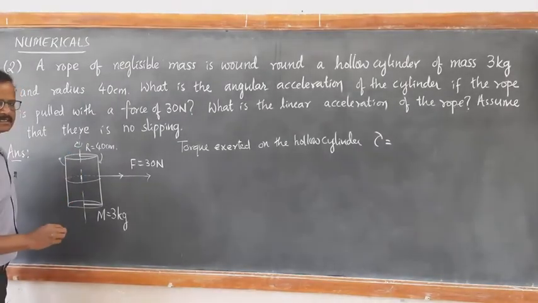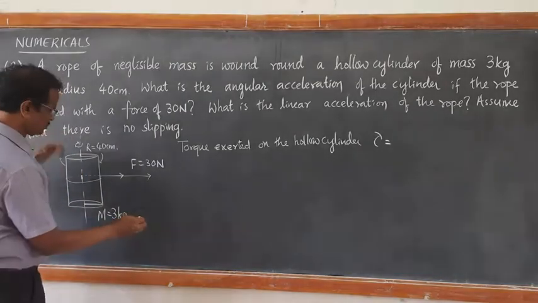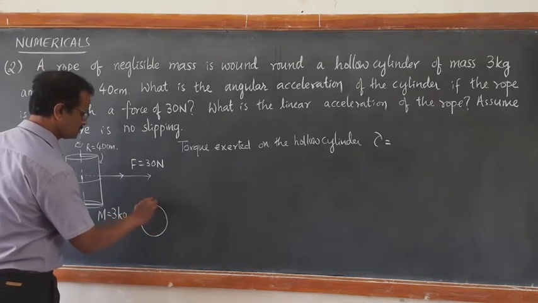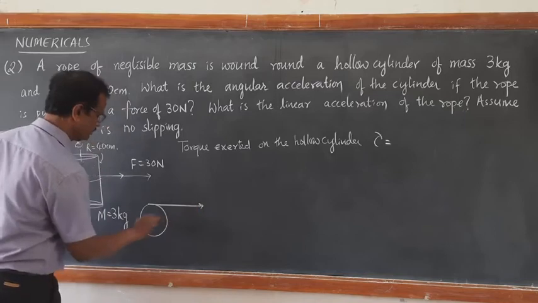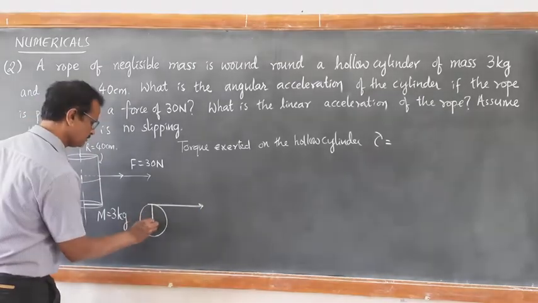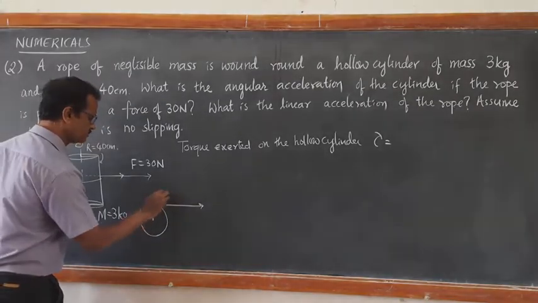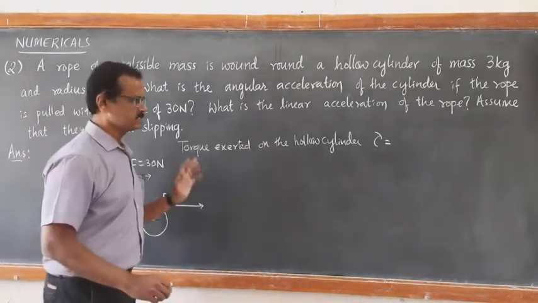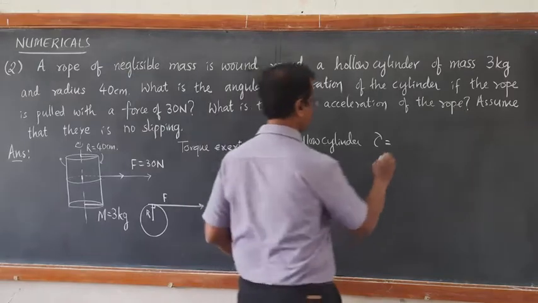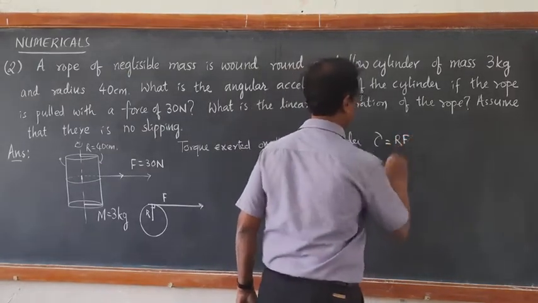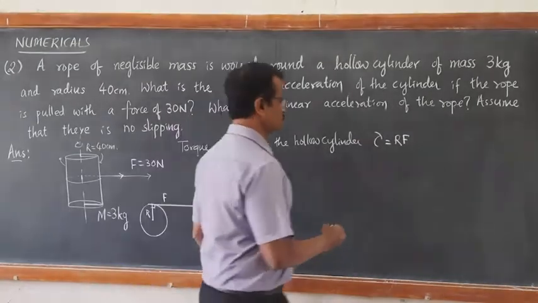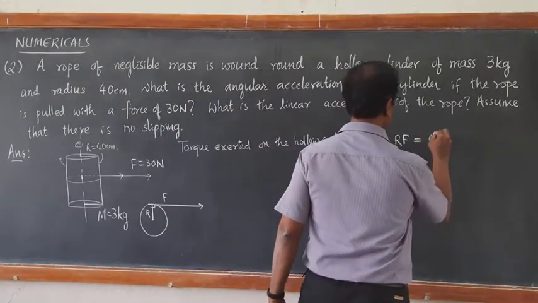If you see from the top, this is the way the rope is pulled, this is the radius of the cylinder, and this is the force. The angle between the radius and the force is 90 degree. So torque is calculated as R F sin 90. Sin 90 is 1, where R is the radius, given as 40 centimeter.